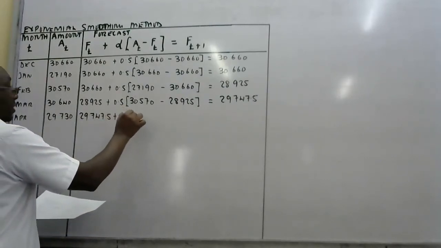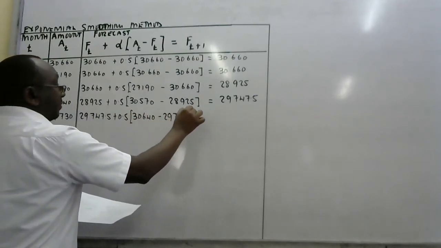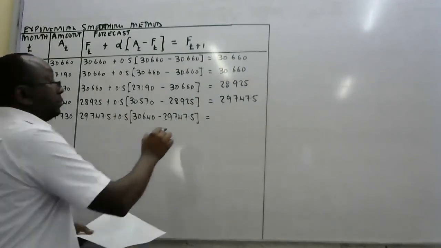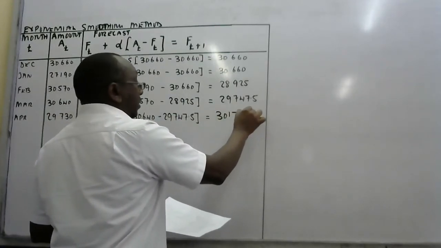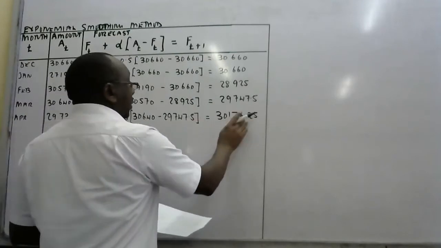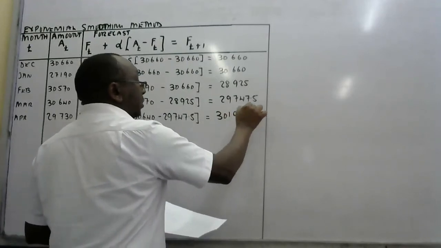Actual for the last period is 3640 minus 29,747.5. That gives 31,170.25. Confirmed.